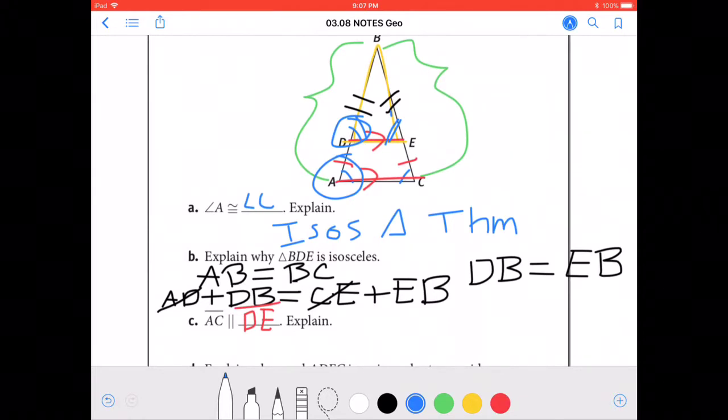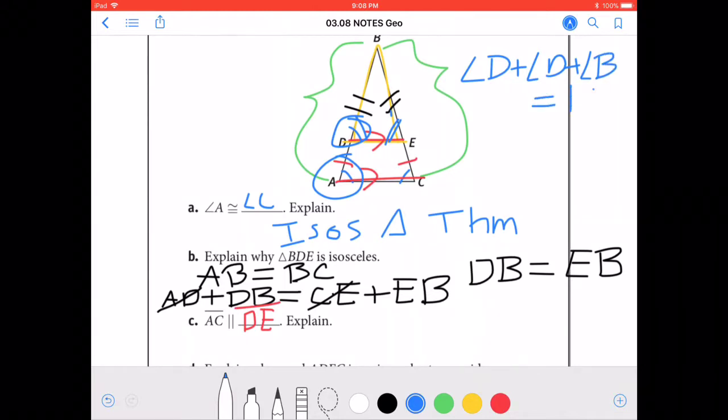The only way to do this would be to say, since both of these triangles are isosceles, angle D plus angle D plus angle B adds up to 180. I put D twice because D and E are the same thing.